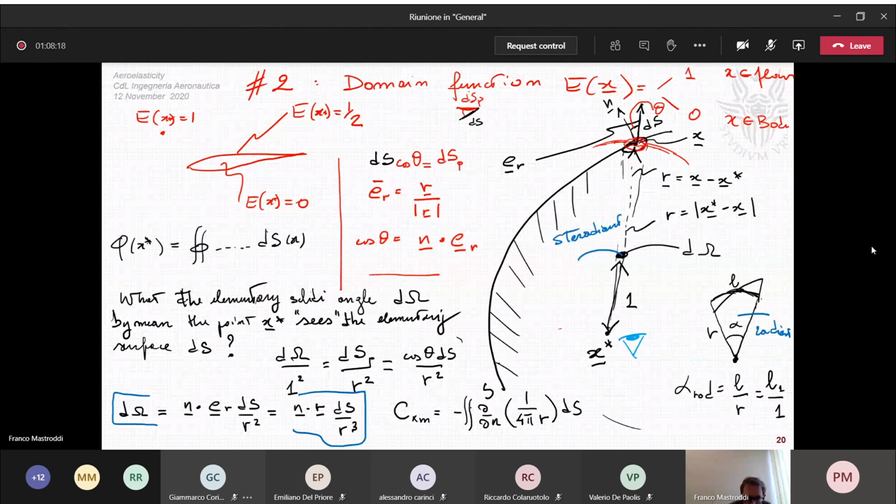Remember, we use this coefficient for discussing the two metrics, and this was also called the doublet coefficient.